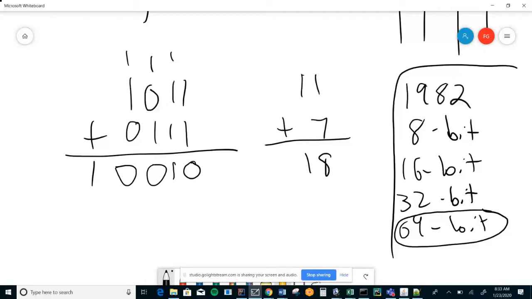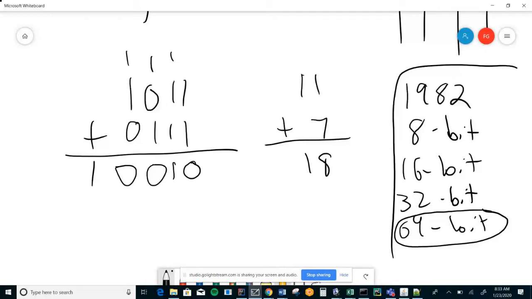And in practice, arithmetic hardware is not really going to throw this away. It's going to hang on to it as what's called a carry bit. And then you can reuse that bit when adding the next block of bits for some larger number.